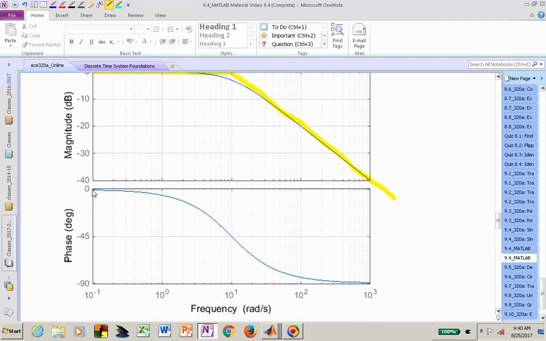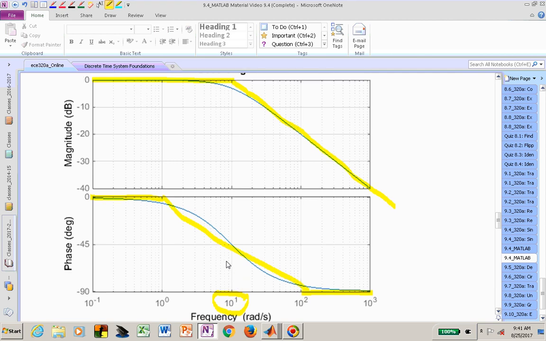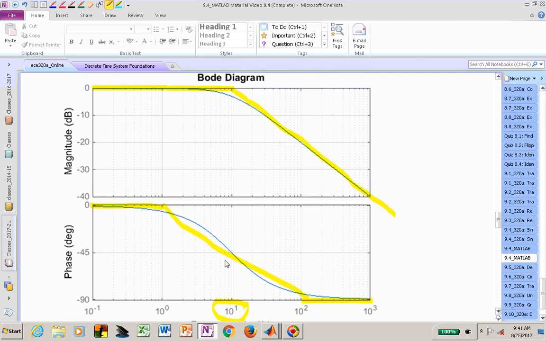We will start with a 0 degree and we'll finish with a -90 degree because we have a single pole, and then we'll connect those with a straight line. And we'll make that go through -45 degrees right at the break frequency or the pole, which was at 10 radians per second. That's our Bode plot, and we'll talk obviously more about that in Unit 10.